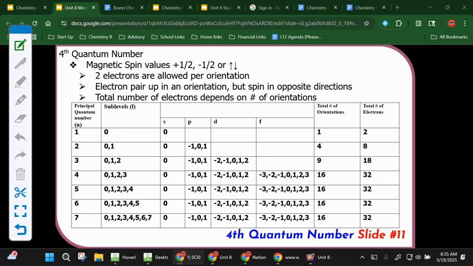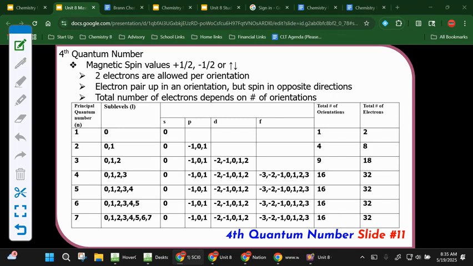There's 18 in the fourth one. So that means there's how many in the middle here? 10. Just like these 10 for these 5 orientations. These 5 orientations could fit 10 electrons, right?